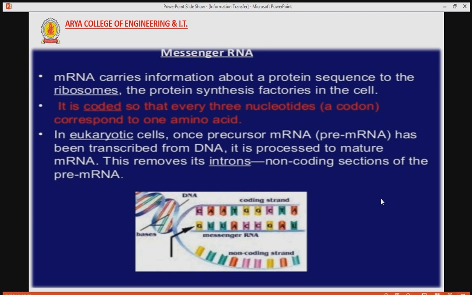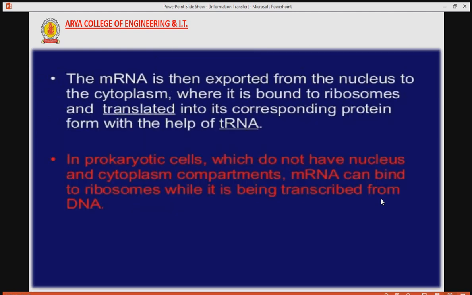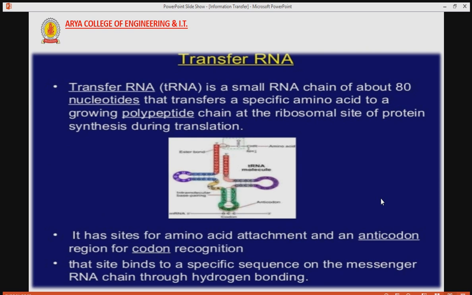In a eukaryotic cell, once precursor mRNA has been transcribed from DNA, it is processed to mature mRNA. mRNA is then exported from the nucleus to the cytoplasm, where it is bound to the ribosome and translated into the corresponding protein with the help of tRNA, that is transfer RNA.